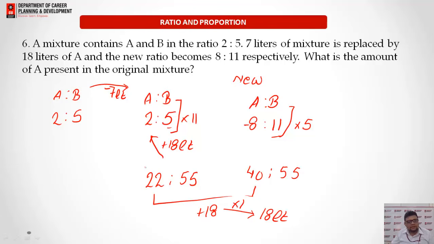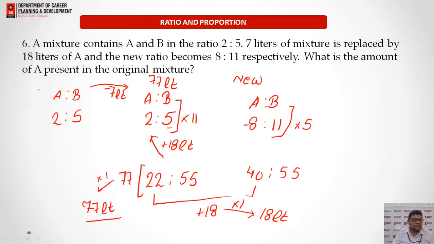So after removing 7 liter, A is to B will remain how much? Total parts are how much? 22 plus 55, that is 77. Multiply this by 1, it will be 77 liter, which is the mixture after removing 7 liter.